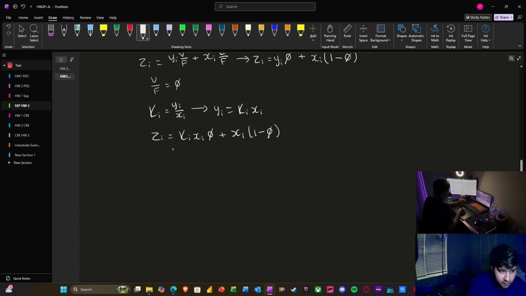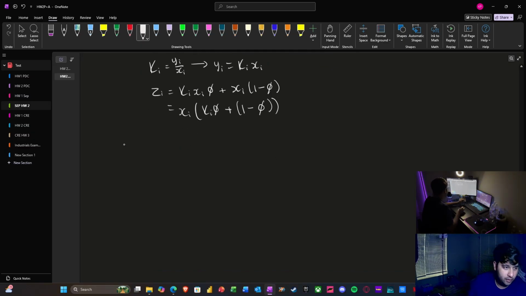As you can see, we could also go ahead and take out our x_i variable, so we're left with K_i phi plus 1 minus phi. And then we're going to solve for x_i, so then we have x_i equals z_i over 1 plus K_i phi minus phi.